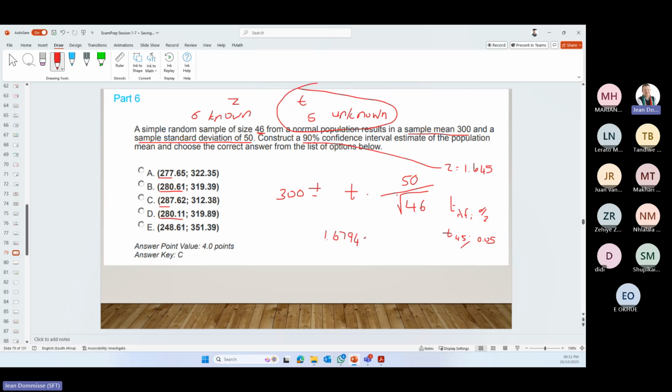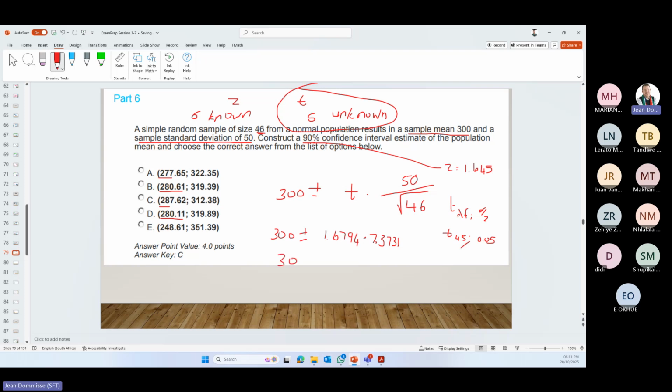Okay, so 50 divided by the square root of 46, 7.3731. 300 plus minus that.